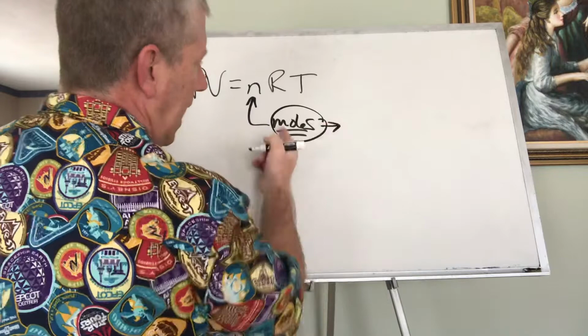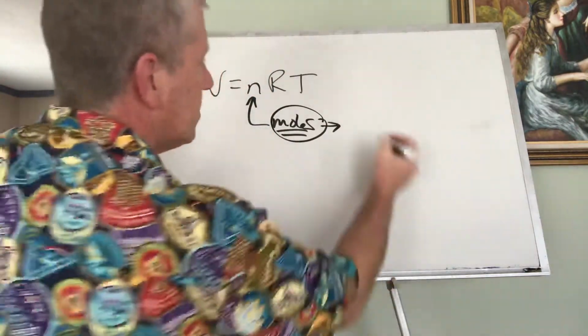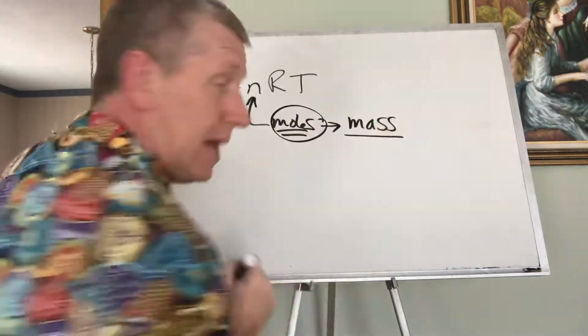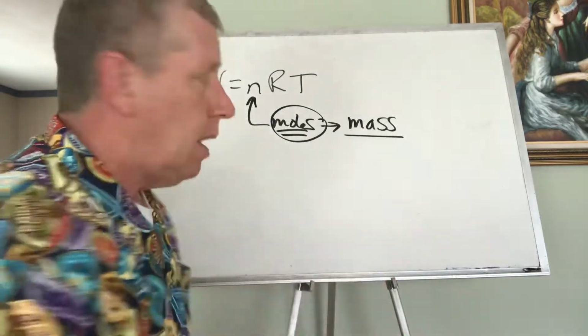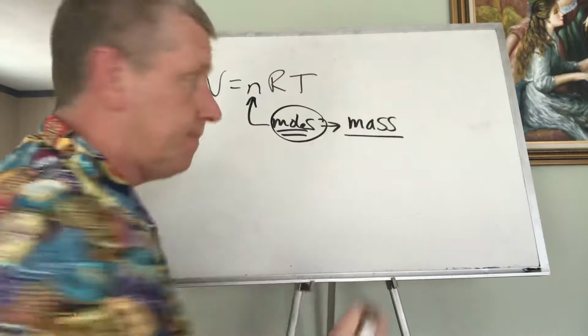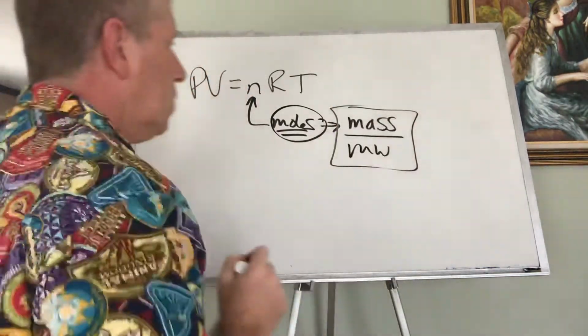In fact, moles, if you remember how to get it, you take the amount of mass that you have. Maybe you've got 8 grams of silver. And you want to know how many moles that is, you divide it by the molecular weight from the periodic table. Okay, that will give me moles.